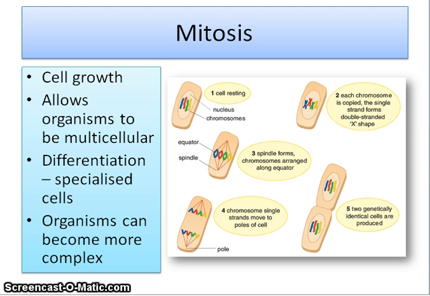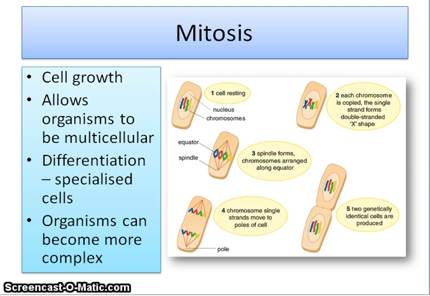Now, some organisms can reproduce asexually. This type of reproduction uses mitosis just exactly the same way. So if you think about some plants, for instance, they usually reproduce, not always, because some of them produce seeds, but some of them just produce cuttings or baby plants like the spider plant.